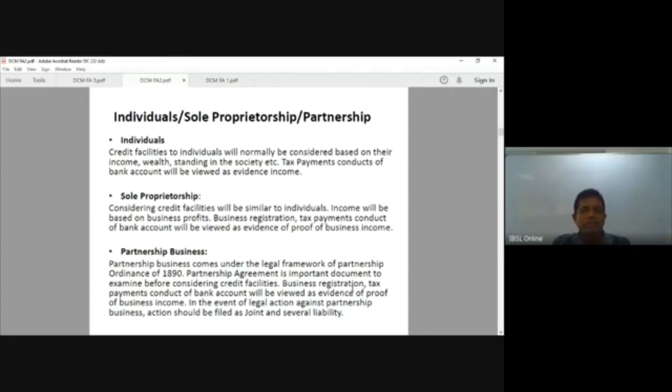Now, especially when it comes to the sole proprietorship category, you can see poor accounting. Normally, there is no accounting. When it comes to finalization of income tax returns, they tend to go to a part-time accountant who completes the accounts using their bank statement, prepares something, and sends it to the Inland Revenue Department.